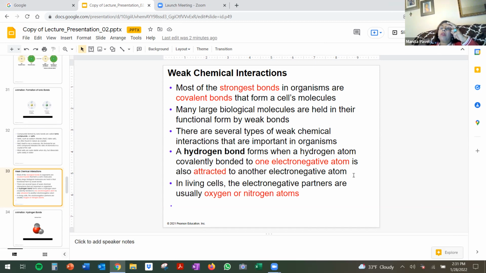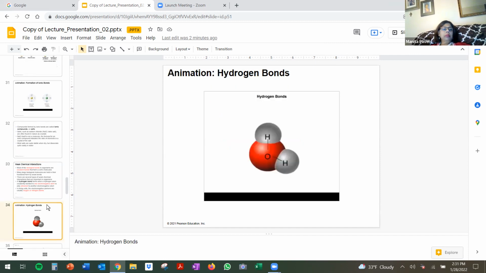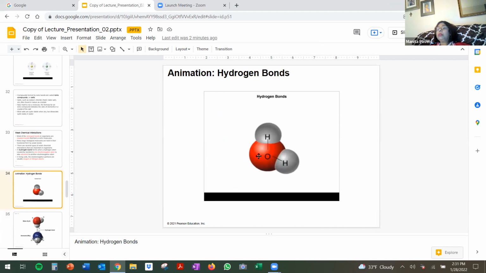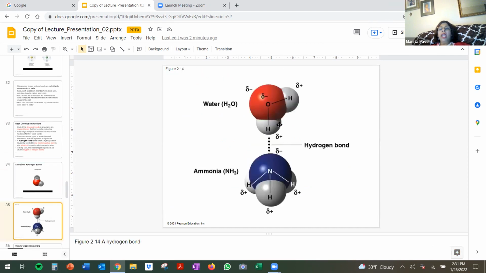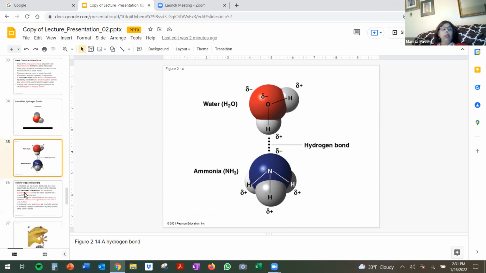So hydrogen bonds can form with oxygen or nitrogen. We've seen water, hydrogen more electropositive, oxygen electronegative. And this is where the hydrogen bonds would be formed. Nitrogen atom combines with 3 hydrogen atoms, and the molecule is ammonia. Ammonia is a gas.